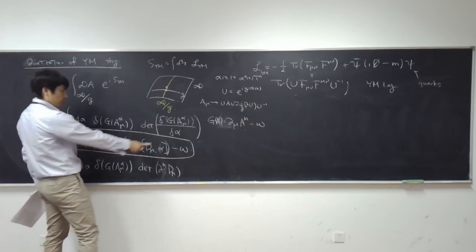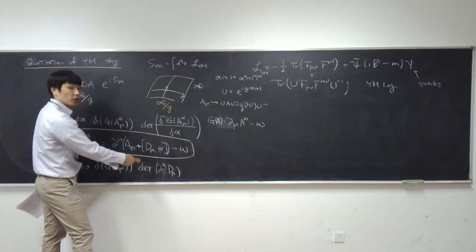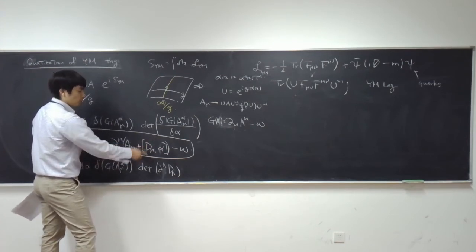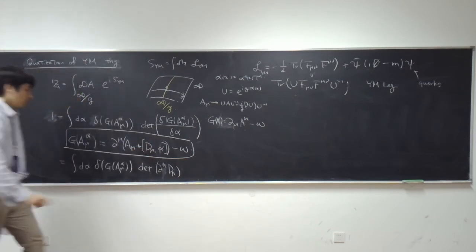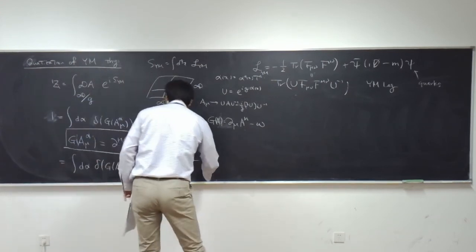If you take the functional derivative in terms of alpha, what's left is partial mu and D mu. This is the covariant derivative, and this determinant is called the Faddeev-Popov determinant.